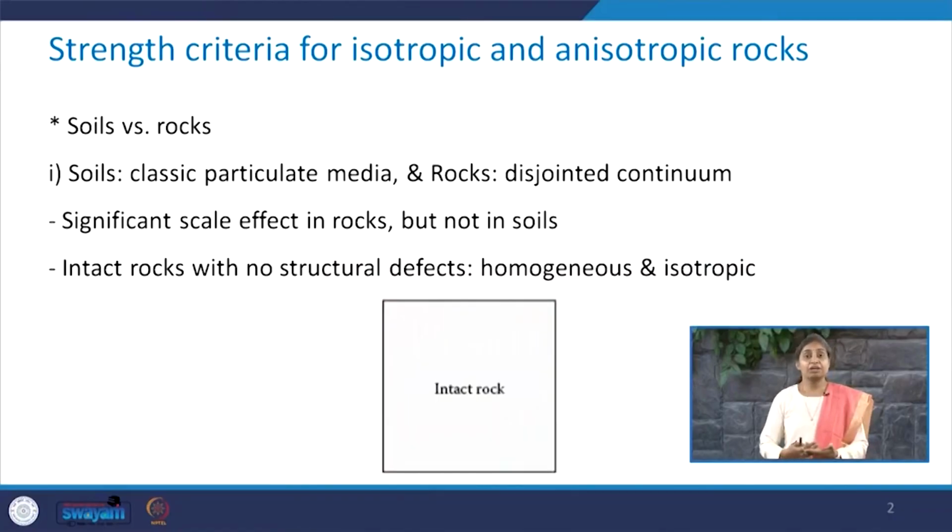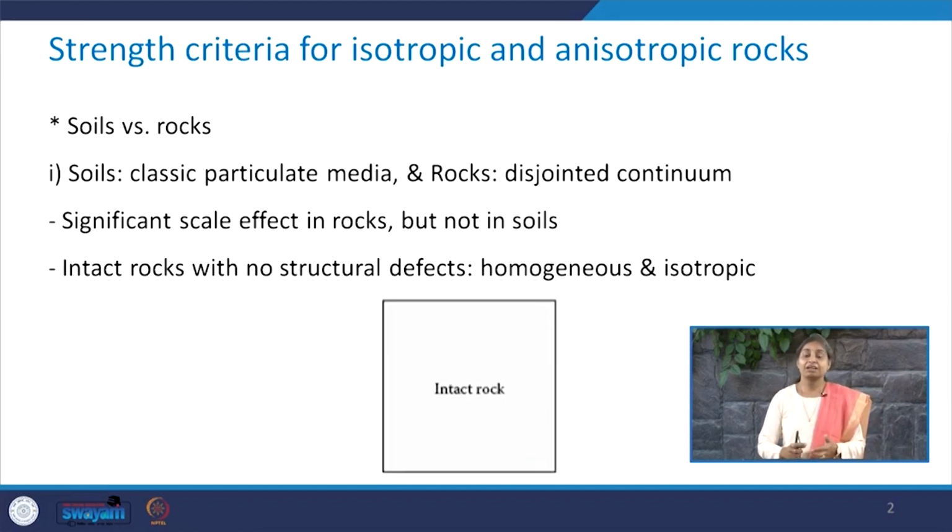The first head under which I am going to compare these two is how the material is being formed, like what is the characteristic of the material. Soils are the classic particulate media. You know that these are three-phase systems, and in case of rocks it is a disjointed continuum.